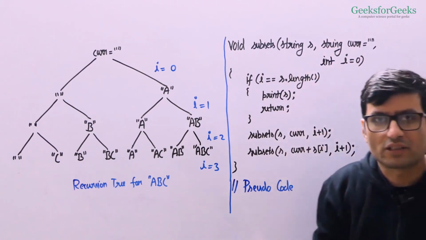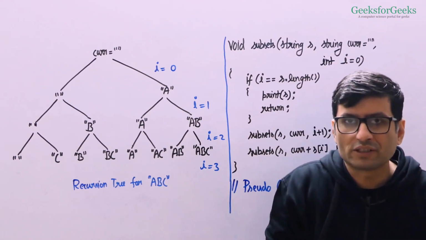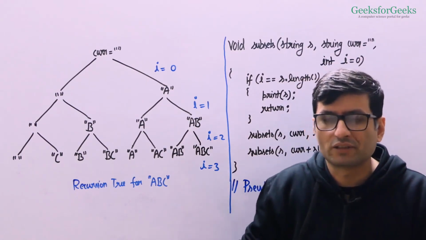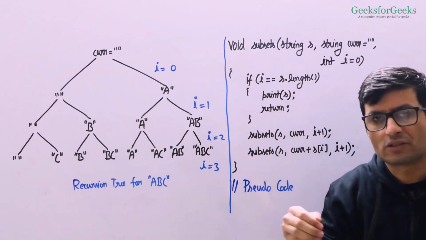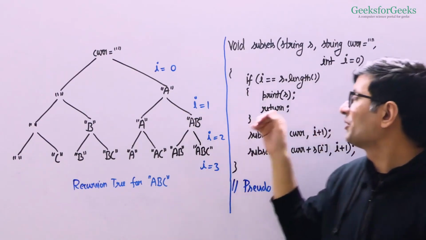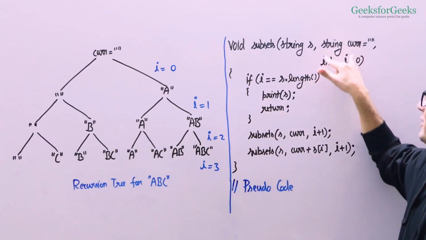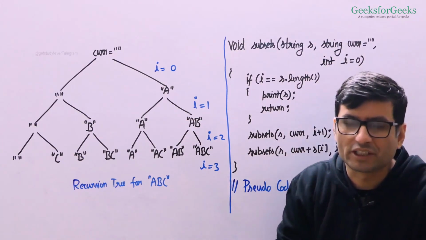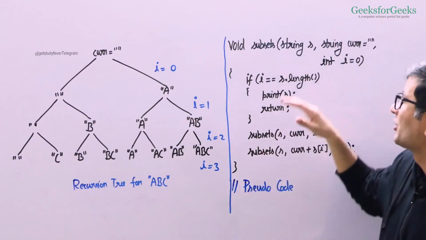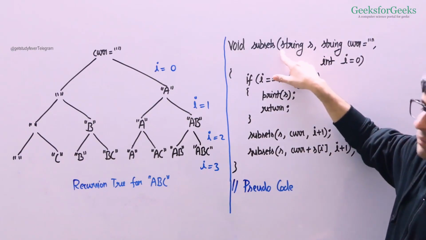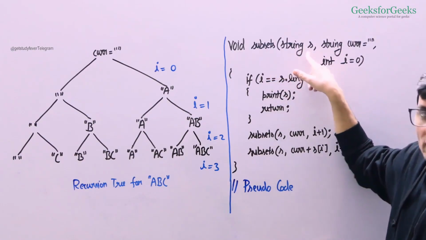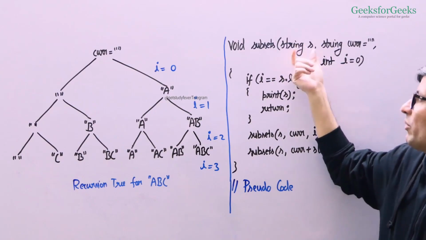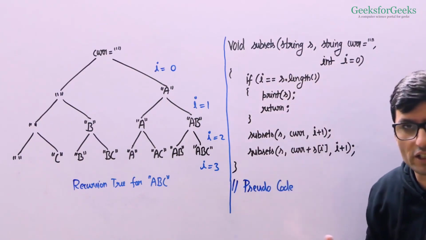In other languages like Java, where you don't have default arguments, as of Java's current version, as of 2020, it does not support default arguments. So in Java, if you want to pass these, you need to pass them explicitly when you make the function call. And in Java you need to use capital S for String, and if you're programming in C++, you need to pass the string by reference to avoid copying the string again and again.